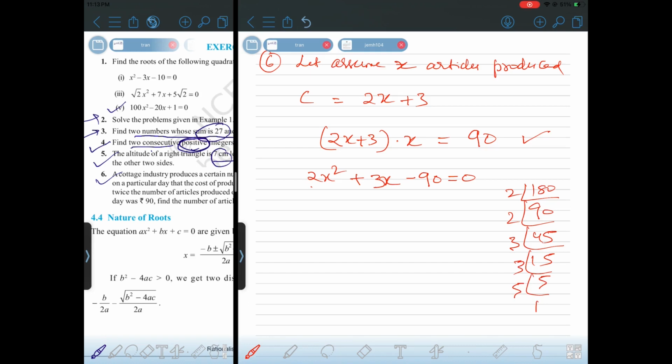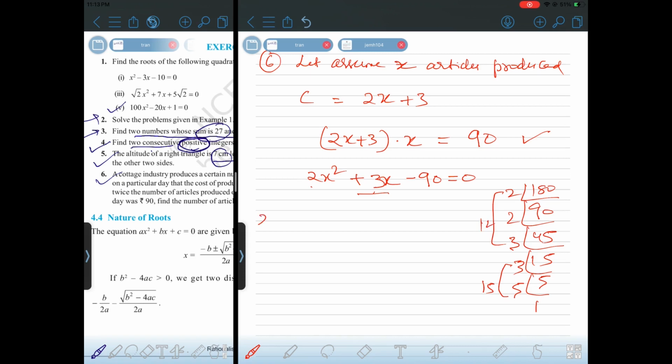Now we have the factors of this number. We need 3x, so we'll subtract 15 minus 12, because 5 threes are 15 and 2 sixes are 12. Okay, this is 12.